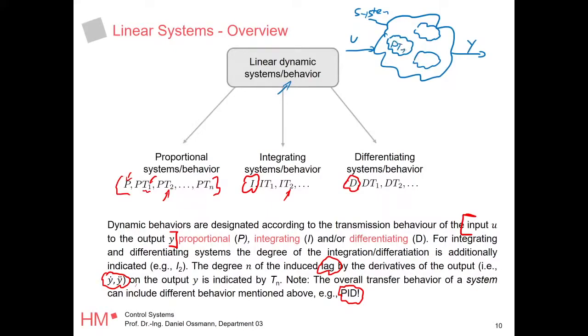So a system can include a PD1, an IT1, whatever you like, a D term, right? In this case, we would not talk about systems, but we would talk about behaviors. So a very complex system can be made up of a lot of different behaviors, right?